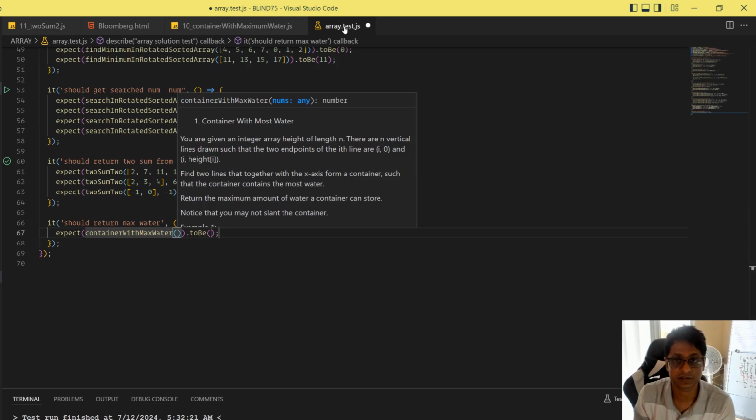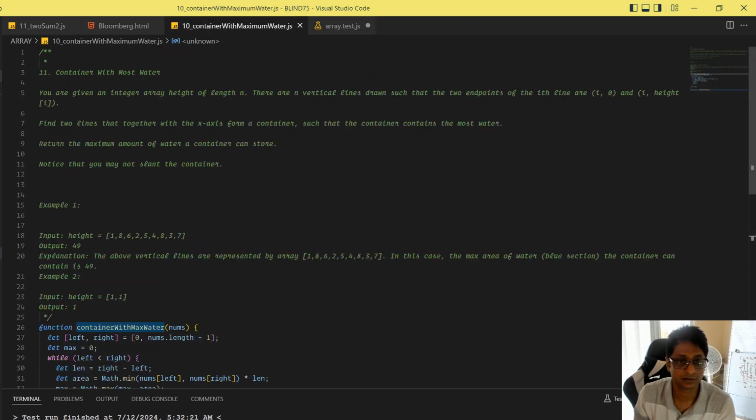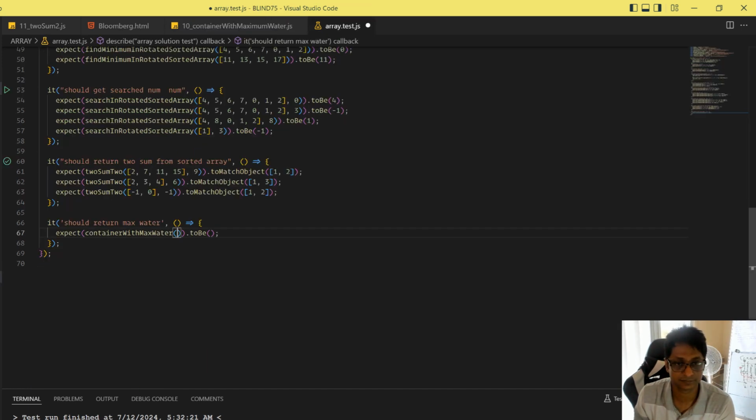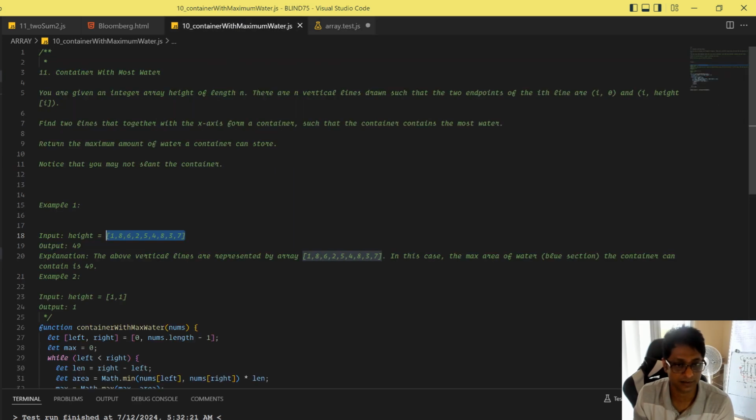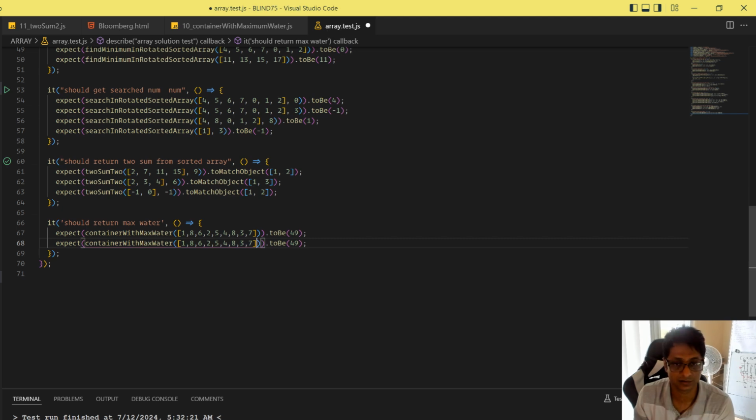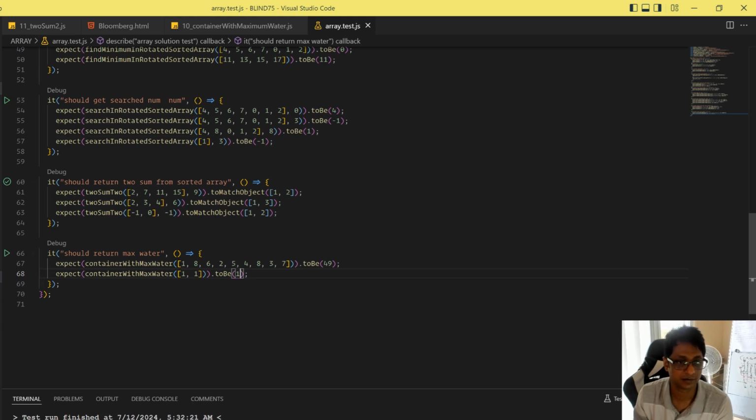Our test cases are given in here. It should return 49. And another test case given was, if it is 1, it should return 1. Let's see. Now let's run the test cases.